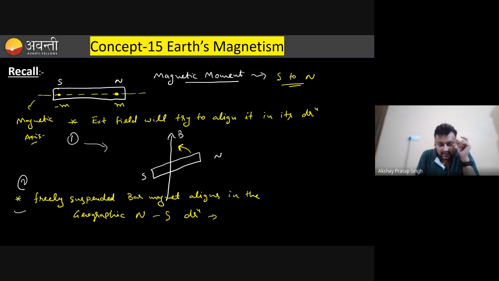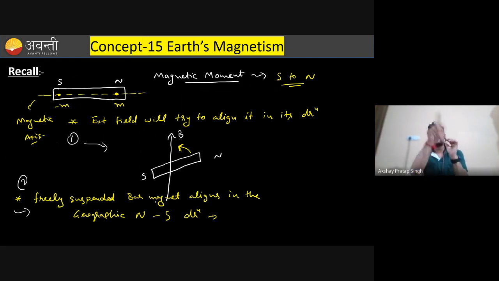And in the second point, you are seeing that a freely suspended bar magnet is automatically rotated in the north-south direction. So what is the conclusion here? If I suspend a magnet freely and it aligns in the north-south direction, that means there must be a magnetic field in this direction.